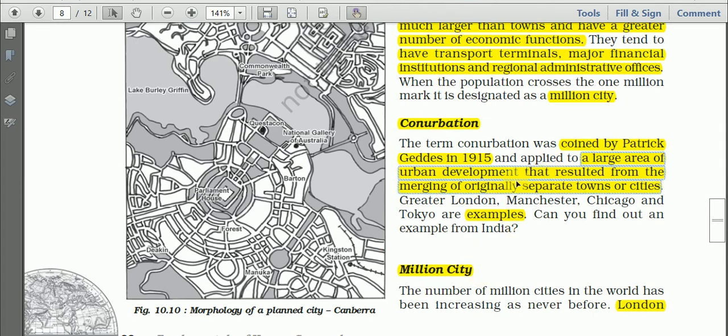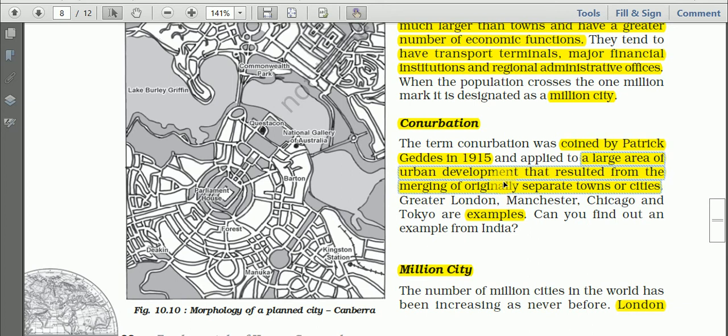A large area of urban development that resulted from the merging of originally separate towns or cities. That means conurbations are formed by combining two or more towns or a town with a city.